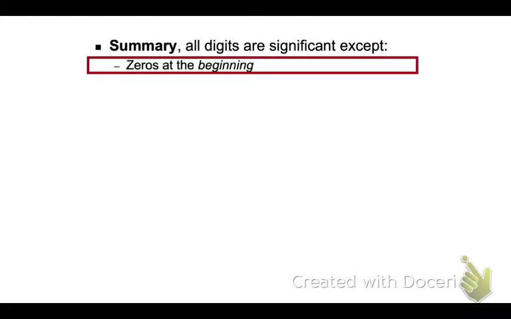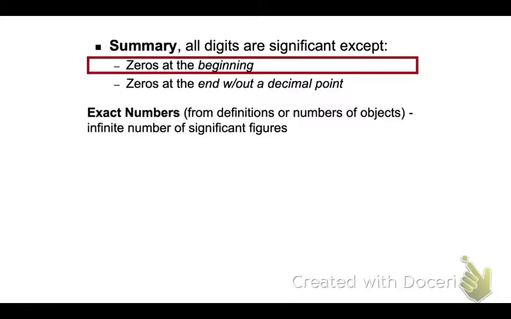Now, all digits are significant except zeros at the beginning and zeros at the end without a decimal point. There is also something we call exact numbers, and exact numbers, by definition, are things that we know for sure are exact and will not be estimated. And because they cannot be estimated, they have an infinite number of significant figures.